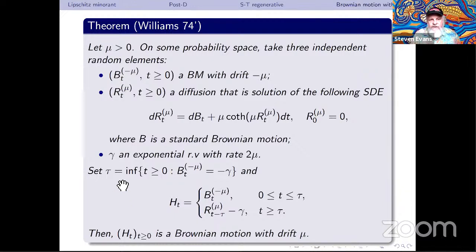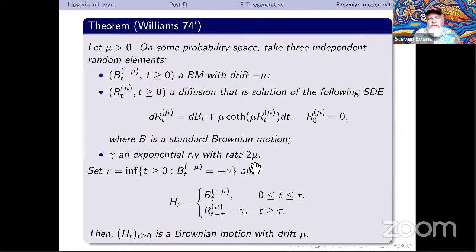And so if we let tau be the first time that a Brownian motion with drift minus mu equals minus gamma, then our Brownian motion with drift mu looks like that Brownian motion with drift minus mu, up to tau.